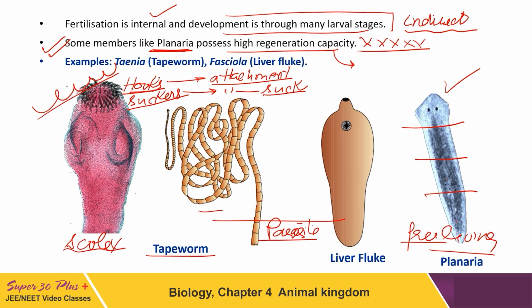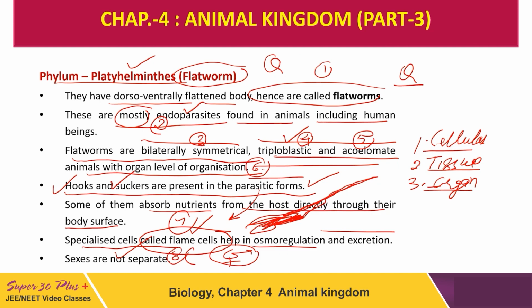And this is tapeworm, again a parasite. Hooks and suckers are there, liver fluke, and this is planaria. Can you remember planaria? Very good. Power of regeneration is there in planaria. Okay, and this is the first part of chapter 3, Platyhelminthes, flatworm.